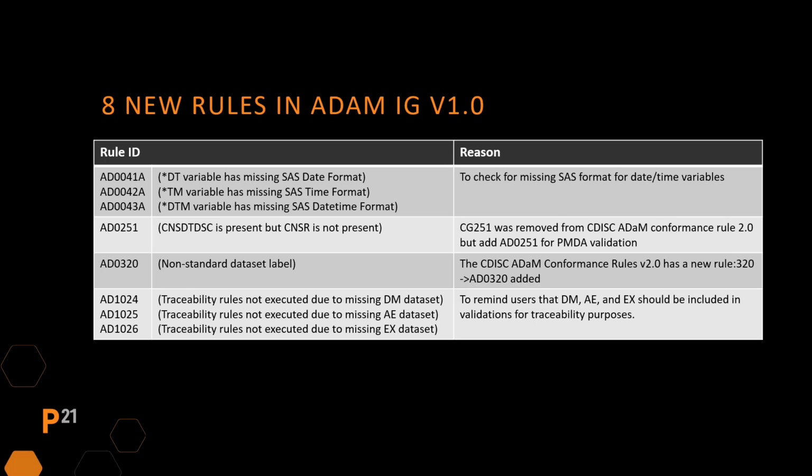For AD0251, this check is removed from CDISC conformance rule version 2.0, but it is added to PMDA validation rule as AD0251A. This is to check that the censor date description is present, although a variable CNSR, which is a variable that defines whether an event has occurred or been censored in time-to-event analysis, is not present in the dataset.